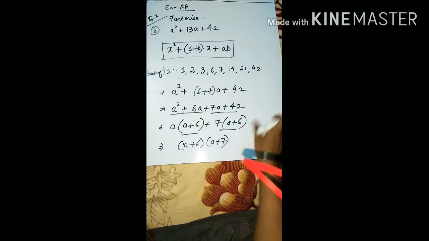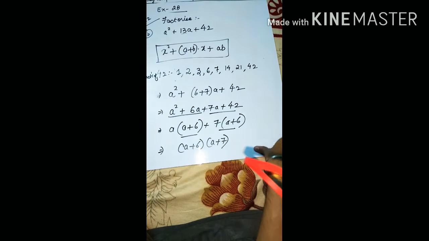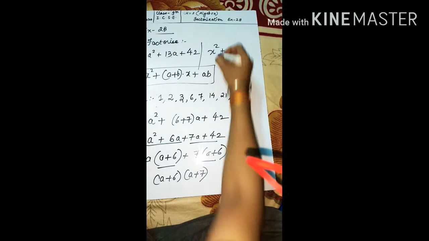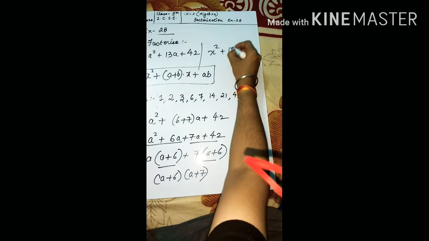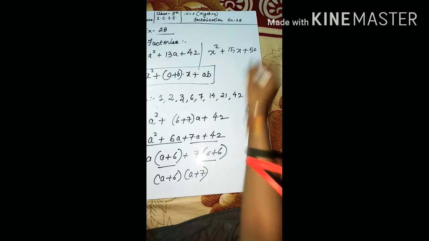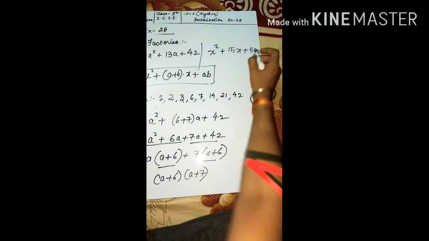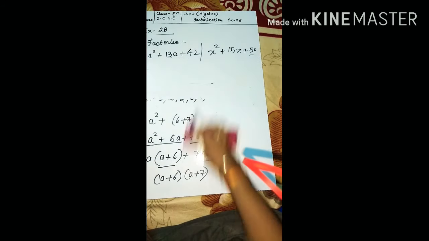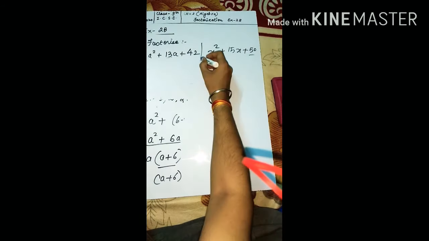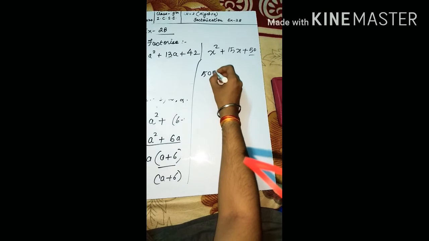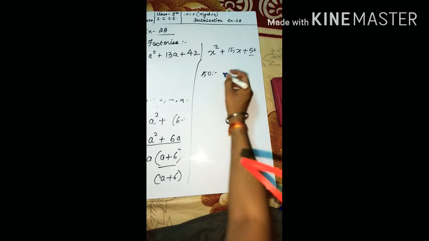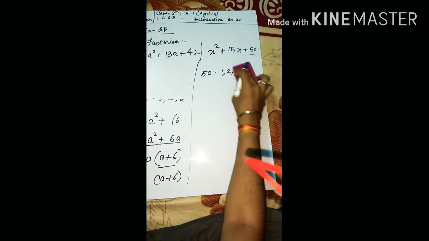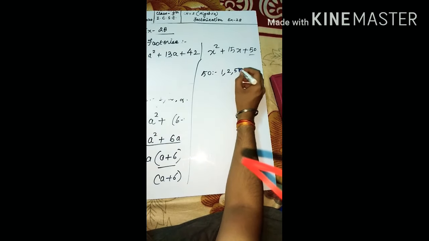Now from here itself, just see the next question. I'll give you a hint. Question says x square plus 15x plus 50. Take 50. What are the factors? 1, 2 is a factor. No, not 3. 5 is a factor.